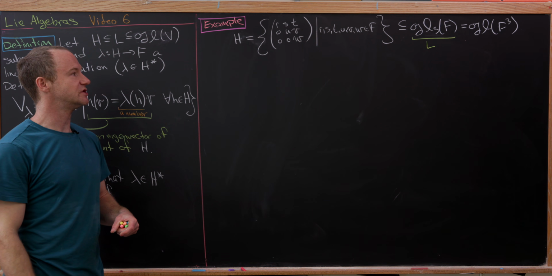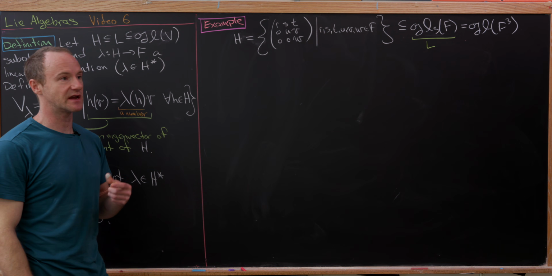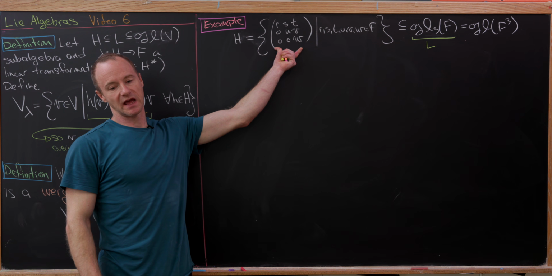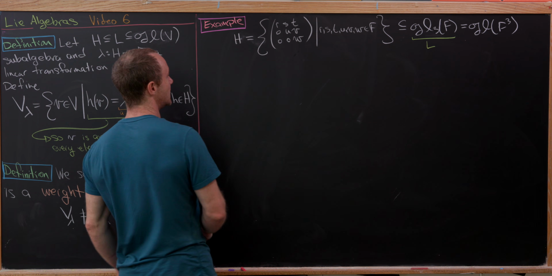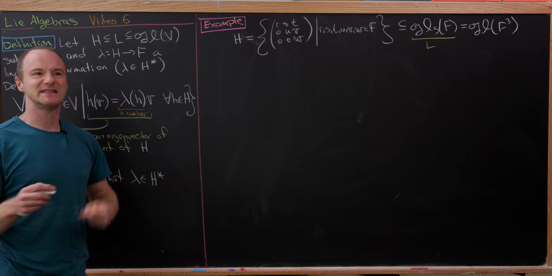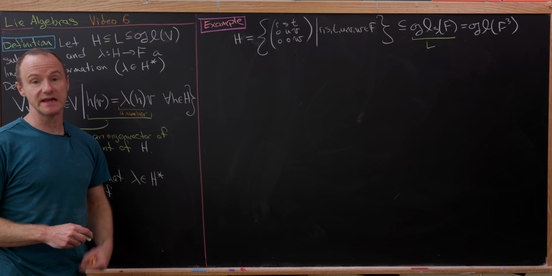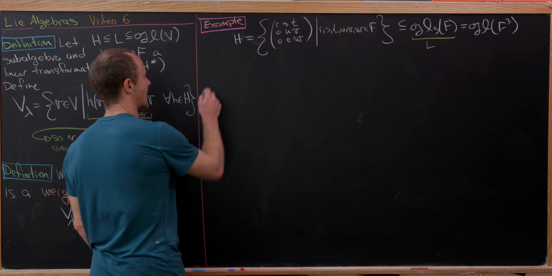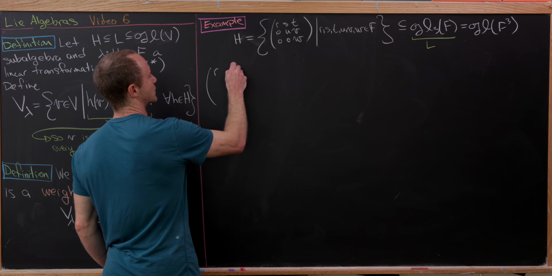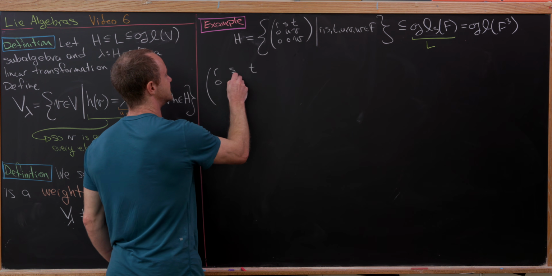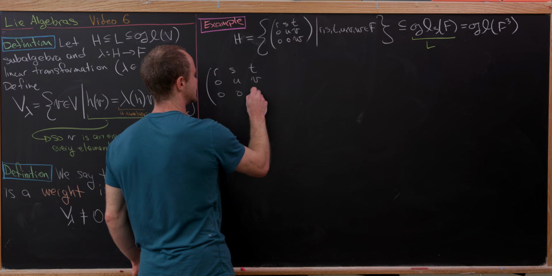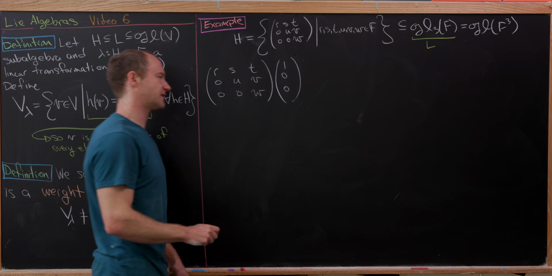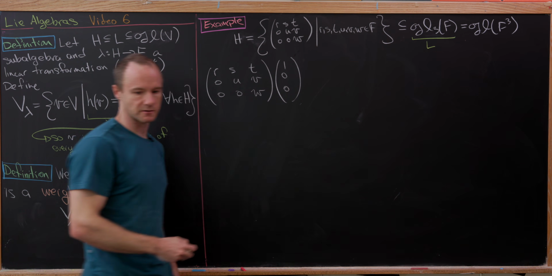So what we'd like to do is find something that is an eigenvector for every matrix of this form. And you don't have to try too hard, and you'll see that the standard basis vector E1 is an eigenvector for all matrices of this form. So let's check that. Let's take a matrix of this form, which we're calling (r, s, t; 0, u, v; 0, 0, w). And let's multiply it into the standard basis vector E1, in other words, (1, 0, 0).